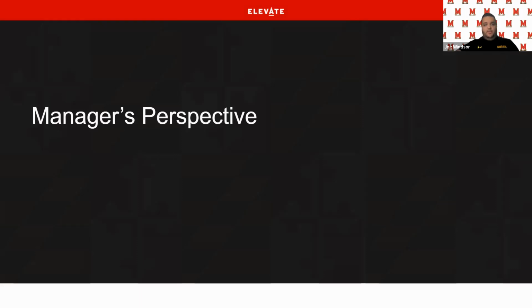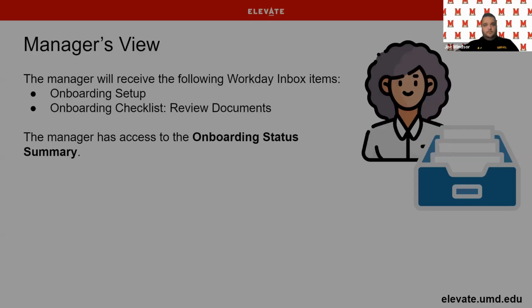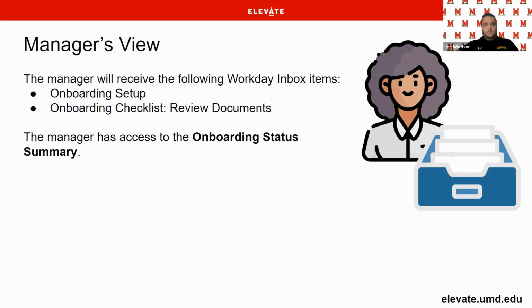Now let's look at what the managers see when their new hire is scheduled to be onboarded. Managers will primarily receive onboarding information and tasks in their Workday inbox. Managers will receive reminders to complete certain tasks, most of which occur outside of the system through their inbox.